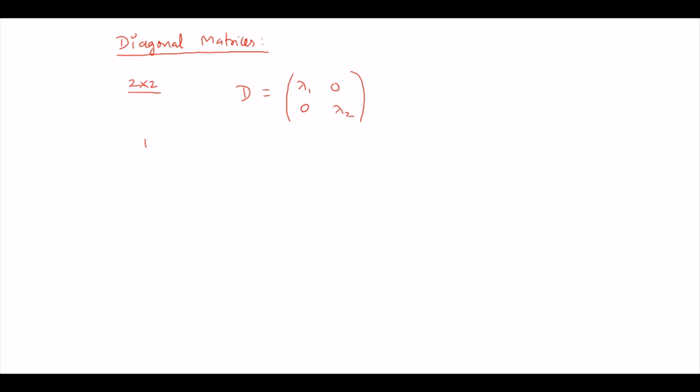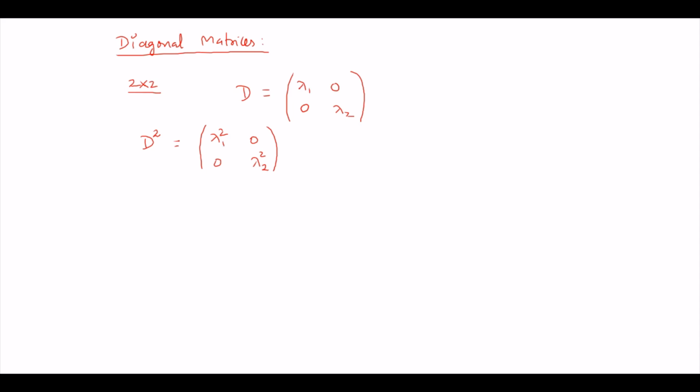Suppose I want to calculate D square. The advantage of diagonal matrices is lambda 1 power 2, 0, 0, lambda 2 the whole square.